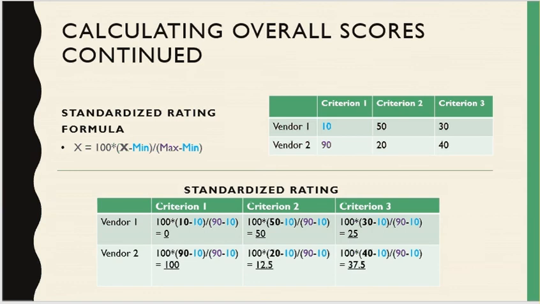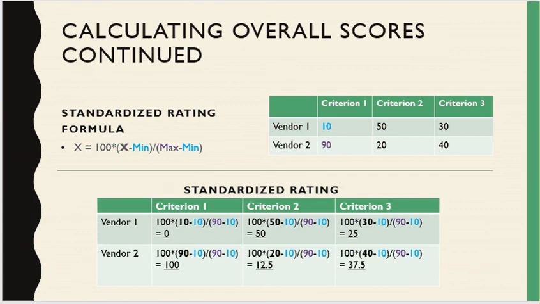Now that we have our standardized weight, we want to standardize the rating. And the formula for this is x equal to 100 times x, which in this case is the initial rating value, minus the minimum rating value that was received. And then you're going to divide that by the maximum rating value minus the minimum rating value again.